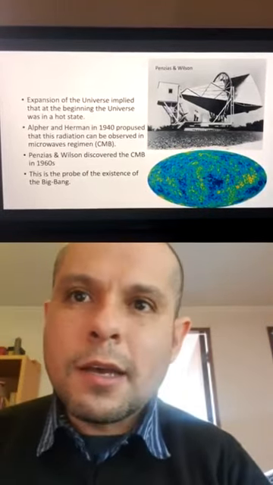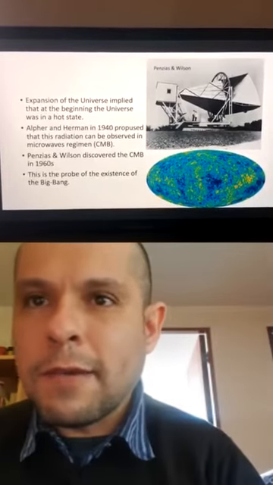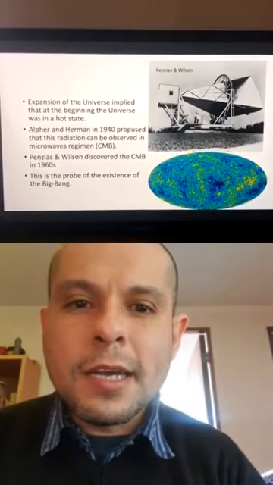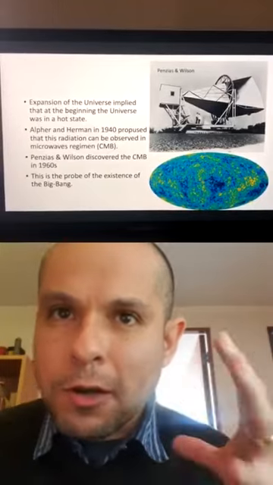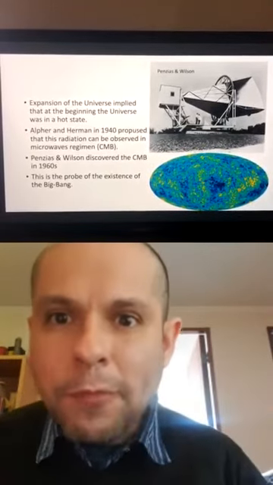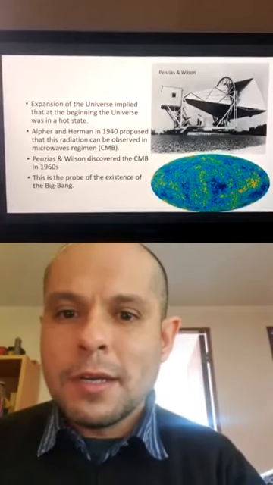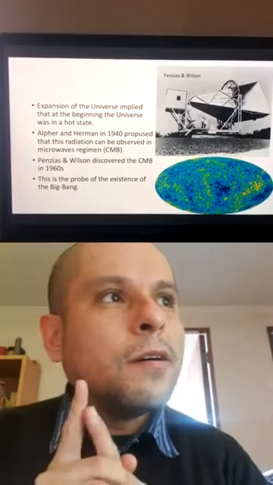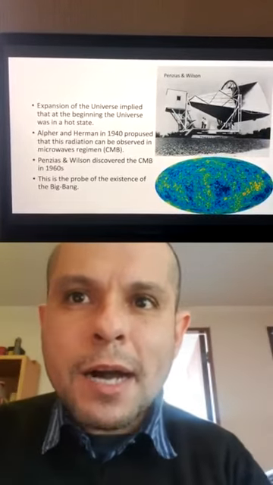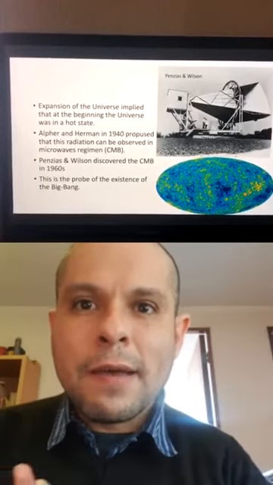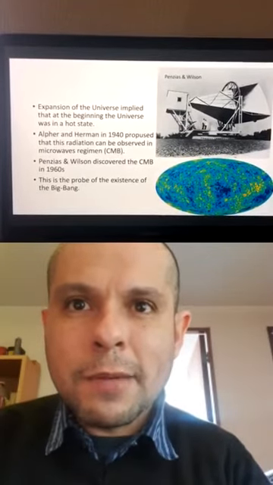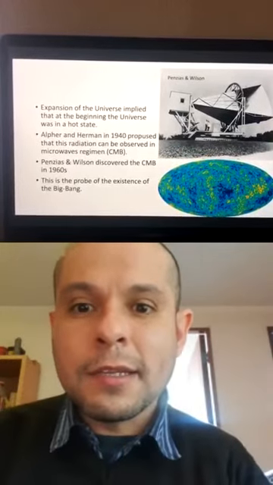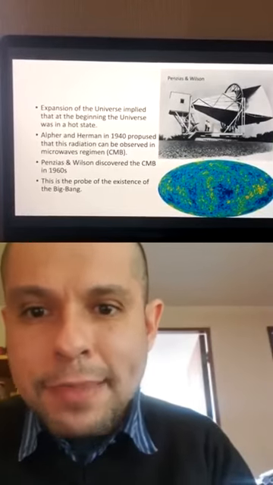And what did they find? They found that this interference was everywhere in space, coming from outside the atmosphere. And they realized that this was caused by the Big Bang, by this hot state at the beginning of the universe, and that was called the cosmic microwave background.